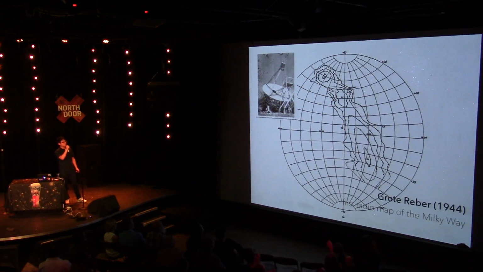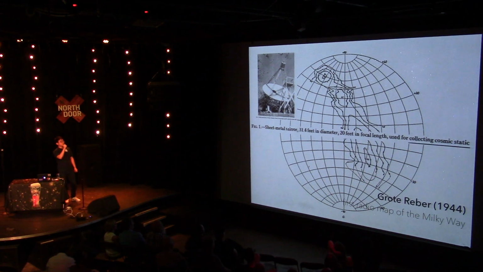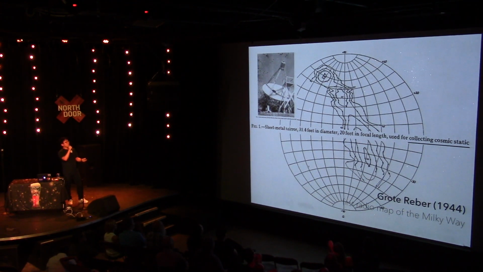All right, so two decades after the observation of nebulae on photographic plates, astronomers developed the techniques needed to collect the cosmic static. So cool. So what I'm showing here is actually the first radio emission map of our own galaxy, the Milky Way.